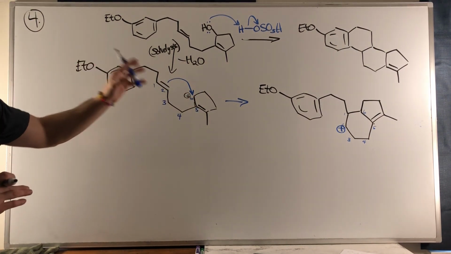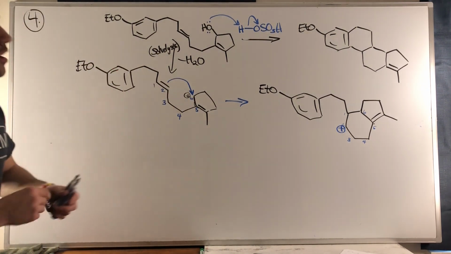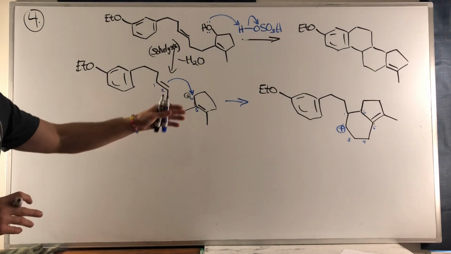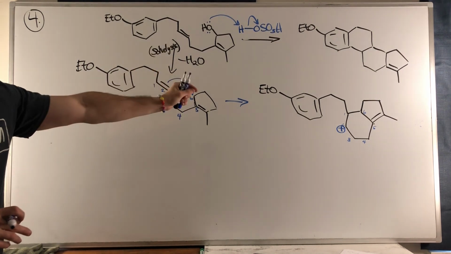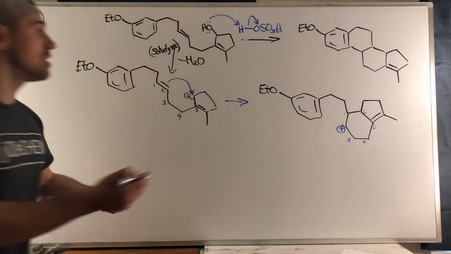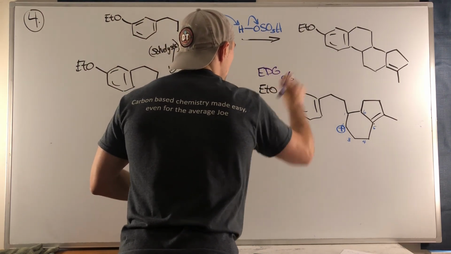So what I hope you can see now is we've taken care of this. I'm going to use a different color, I'll use purple. We need to still form the other 6-membered ring. How can we do this? Well, you can see we have a positive charge in super close proximity to our benzene ring. And not only that, we know this is an electron donating group. It activates the ring and it directs ortho-para.